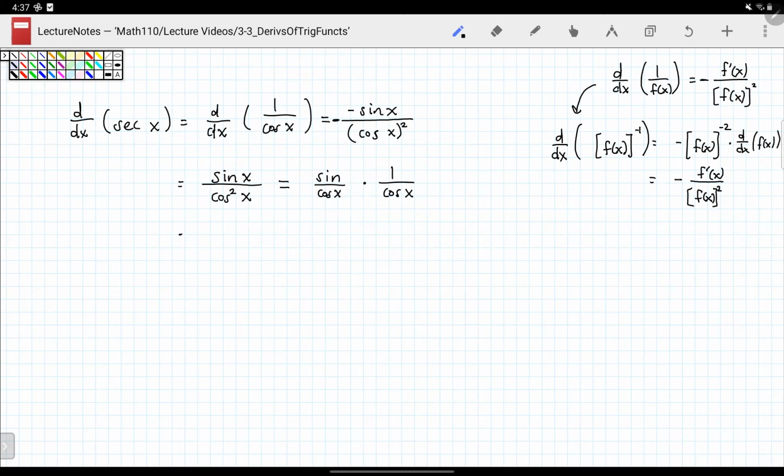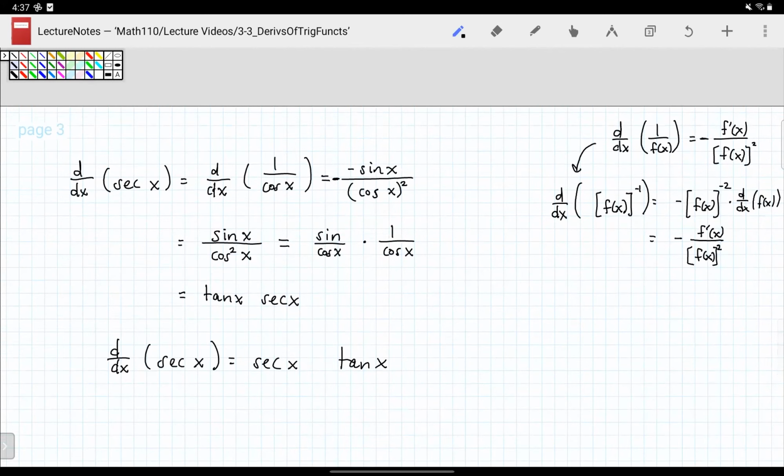This is tangent of x, sine x over cosine x, and then 1 over cosine of x is secant of x. So there you have it. The derivative of secant, I often hear it quoted as secant times tangent. So the derivative of secant x is secant x times tangent of x.